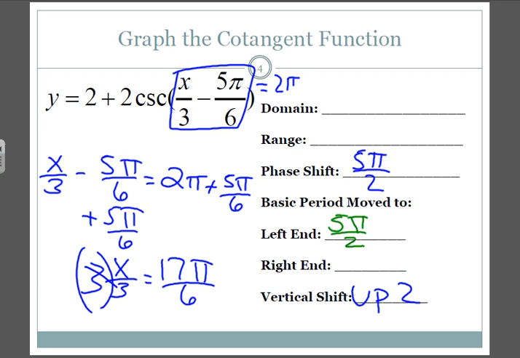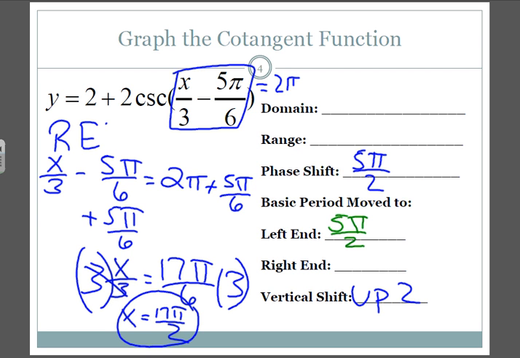Multiply both sides by 3, and you get x is equal to 17 pi over 2. So my right end is equal to 17 pi over 2.